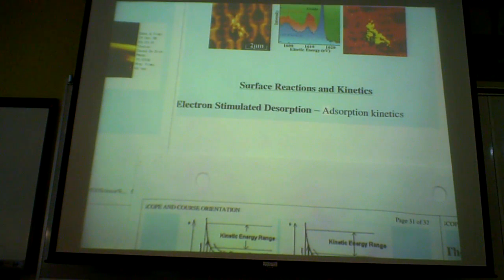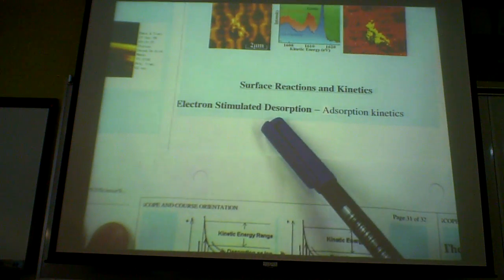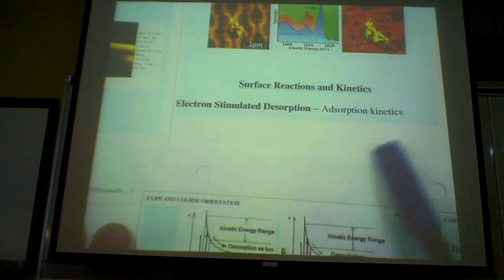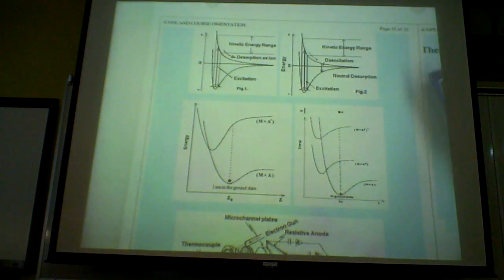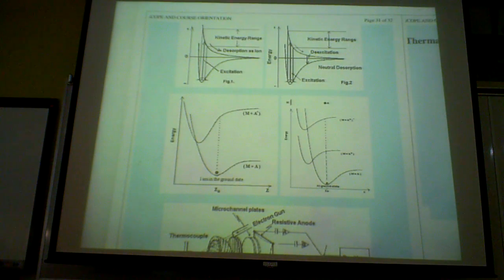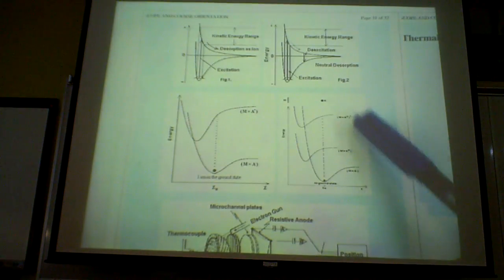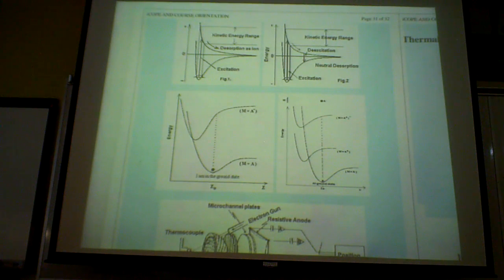So we have different types of stimulated desorption techniques. This is electron stimulated desorption. I will skip this for now because I'm running a little bit over time. I'll come back to this later when we are talking about it.